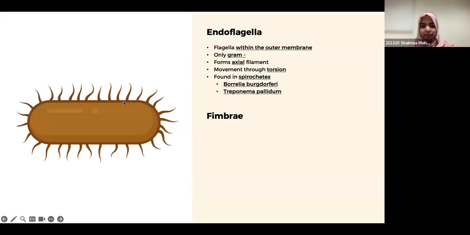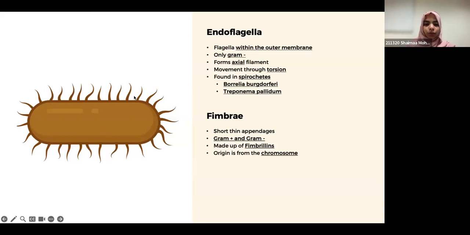So for example, these are fimbriae, and they're hair-like structures, short and thin hair-like structures, appendages, and they're present in both gram-positive and gram-negative bacteria, and they're made up of fibrillins. Remember, flagella is made up of flagellins. Fimbriae are made up of fibrillins, okay? You just added the lins in the end, okay? And what codes for fimbriae are chromosomes, okay?